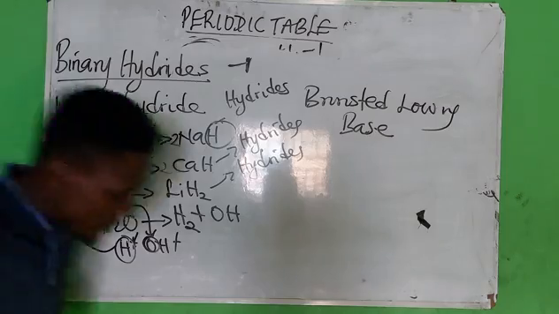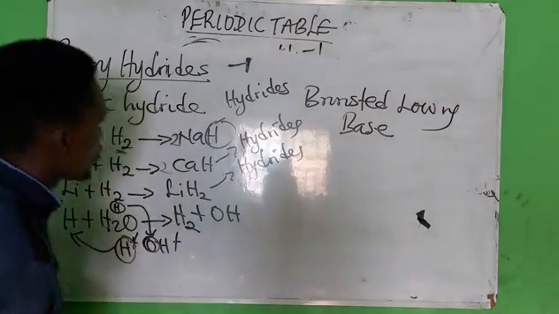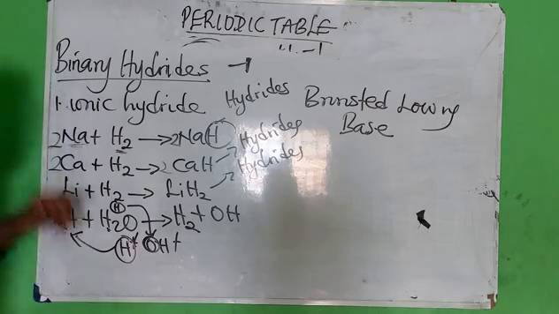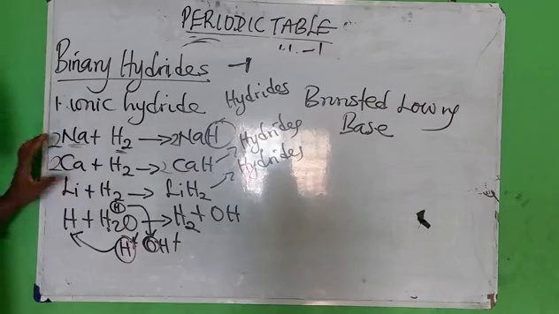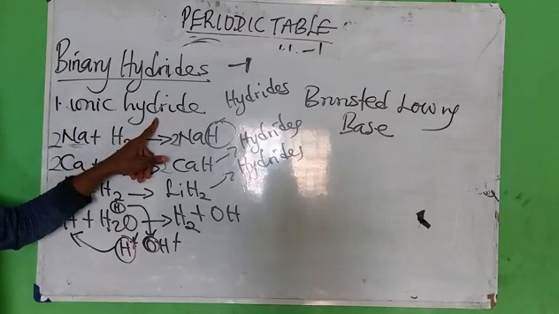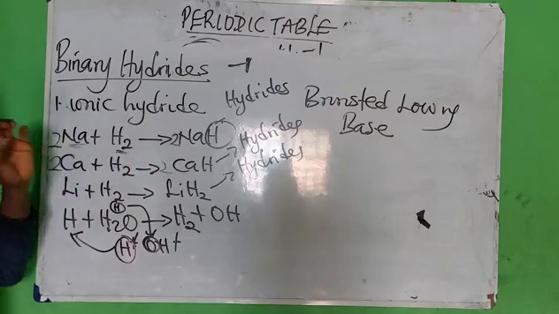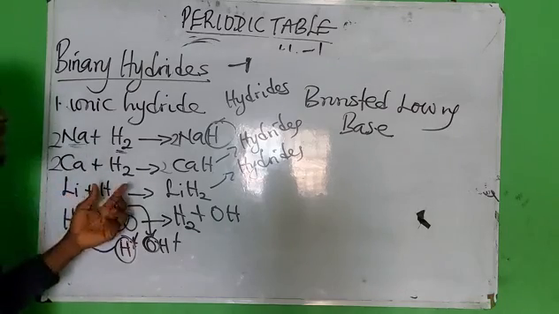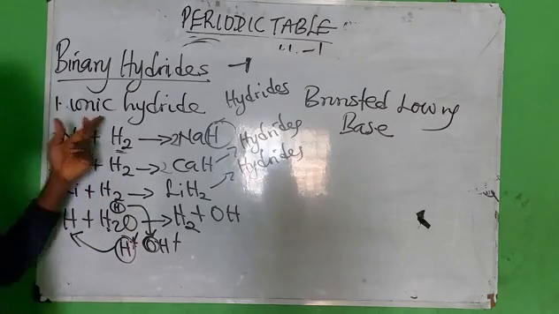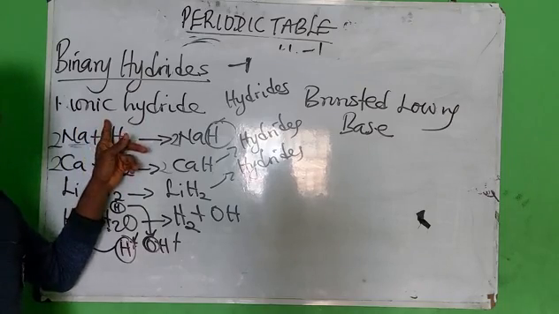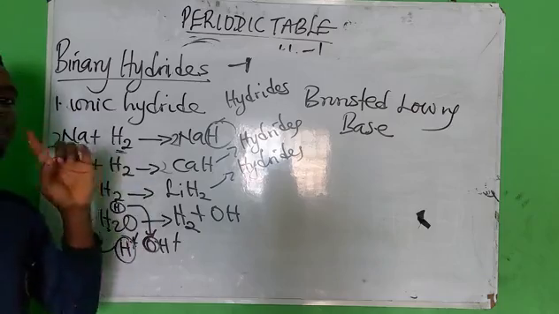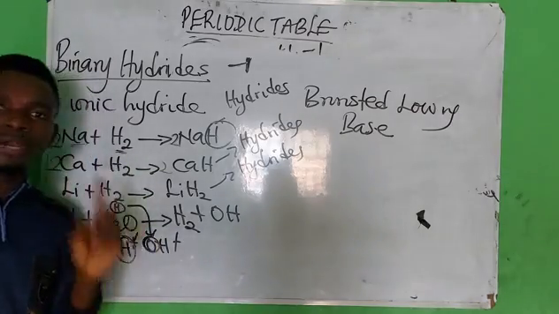All right, from what I've given us now, we can proceed. So 1, 2, 3 are good examples of ionic hydrides, because they are formed when the hydrogen molecule combines with a less electronegative element. Please take note that ionic hydrides are good reducing agents and they have high melting and boiling points.